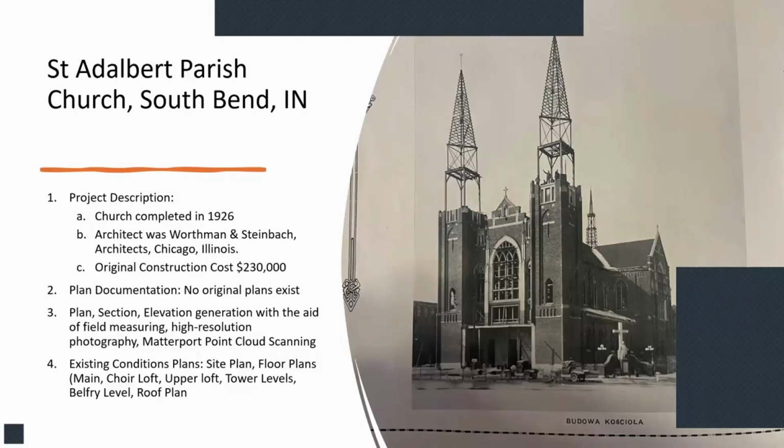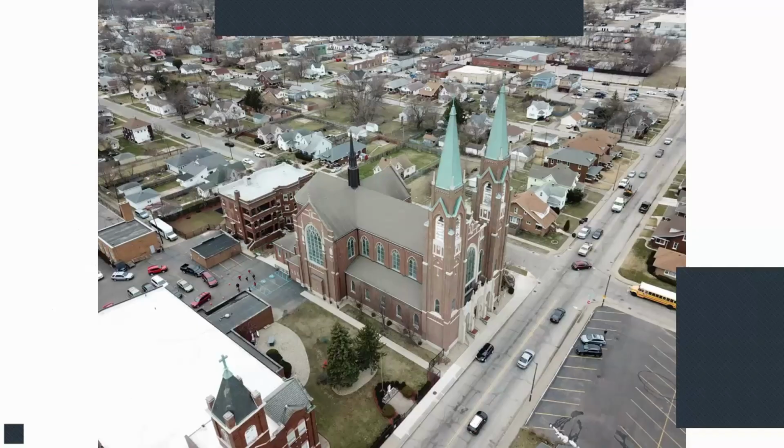In order to generate plans, sections and elevations, we did a combination of field measuring, high resolution photography, Matterport cloud scanning, and drone photography to develop existing conditions, site plans, floor plans, elevations and sections. These are drone photos that we have shot with our Mavic Pro.